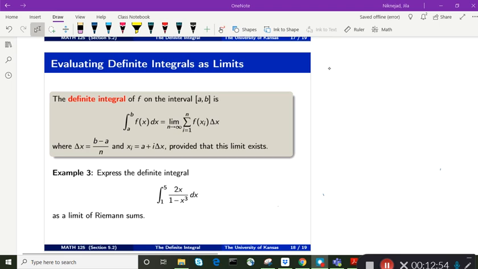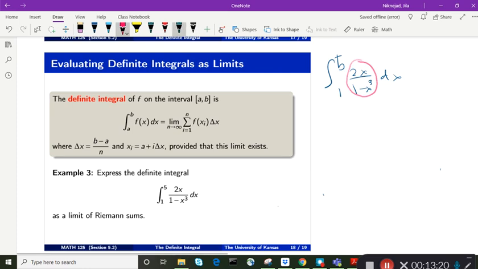So we start from the integral from 1 to 5 of 2x over 1 minus x to the third dx. So what is the function? The function is this one.